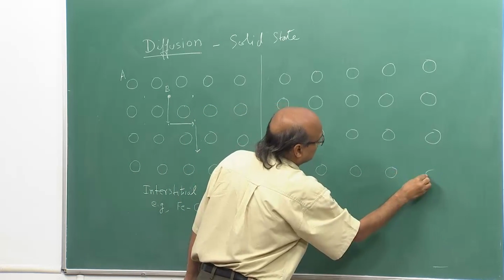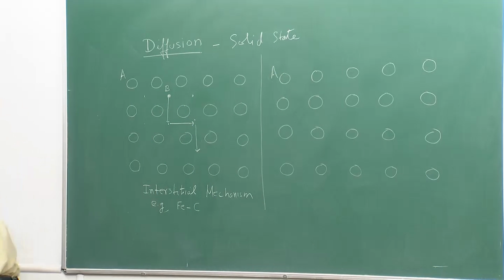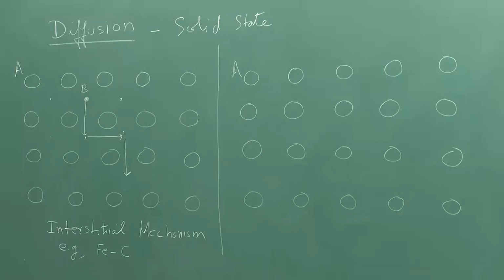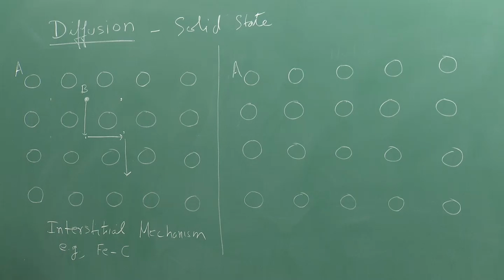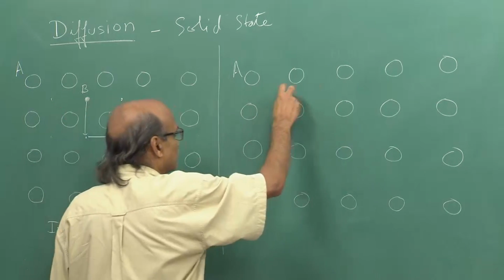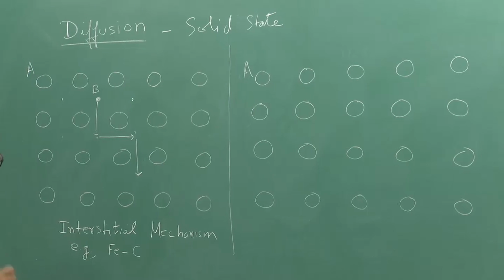And in this case we have A atoms, and along with them we have B atoms which are of similar size to the A atoms, and hence the B atoms are not going to be located in the interstitial site, but they will form a substitutional solid solution.